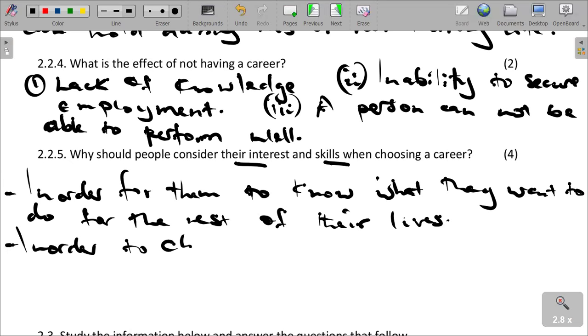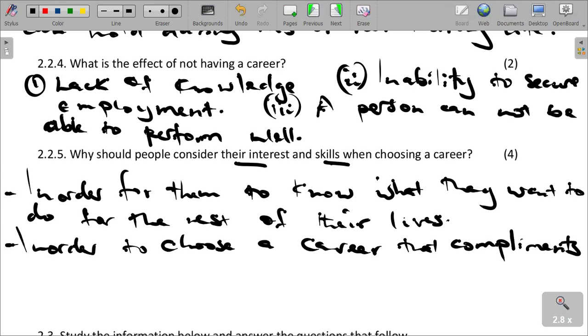In order to choose a career that complements their interests and skills, that matches their interests and skills, that would also help to avoid boredom and stress.